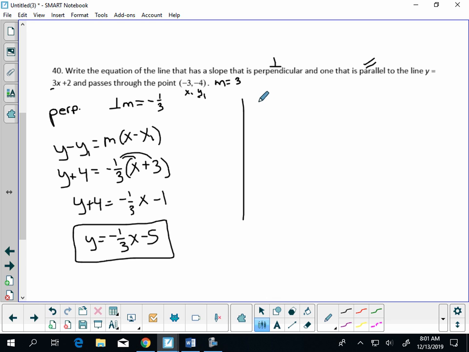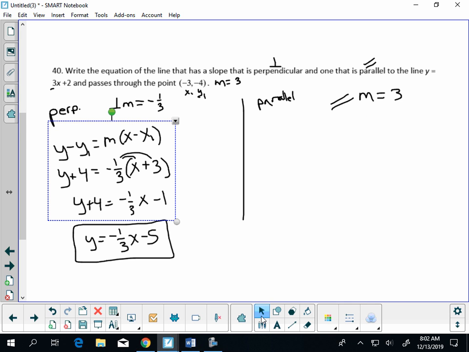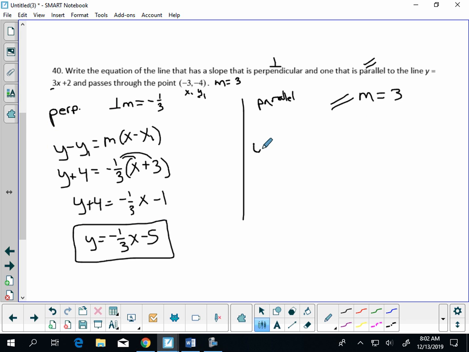All right, now I'm going to do this with the same thing, but we're going to do a parallel line. Well, my parallel slope doesn't change. It's 3. And then I'm going to use that same formula. Y minus y sub 1 equals m x minus x sub 1. I plug in all the same information, except I've got a different slope this time.